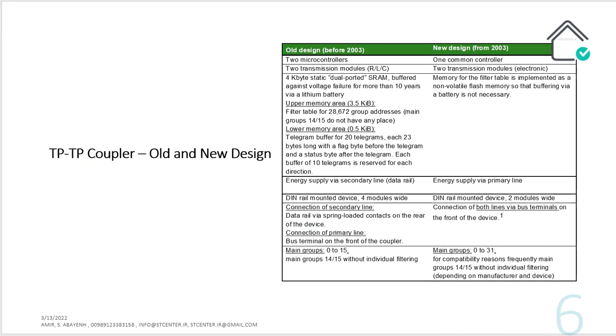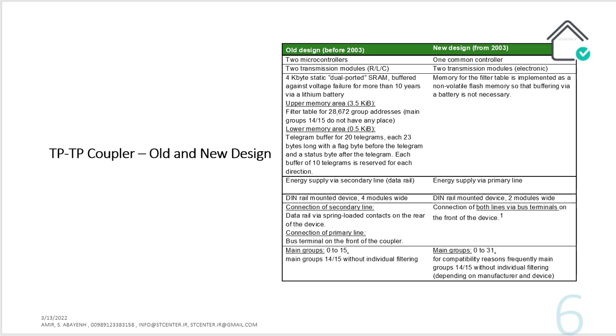When we continue with the book in this chapter, we will see a table that provides some key information about what we had before for the couplers, and what we have at the moment. So before 2003, the couplers used a battery to hold, or we can say record, the data, and it worked for 10 years.